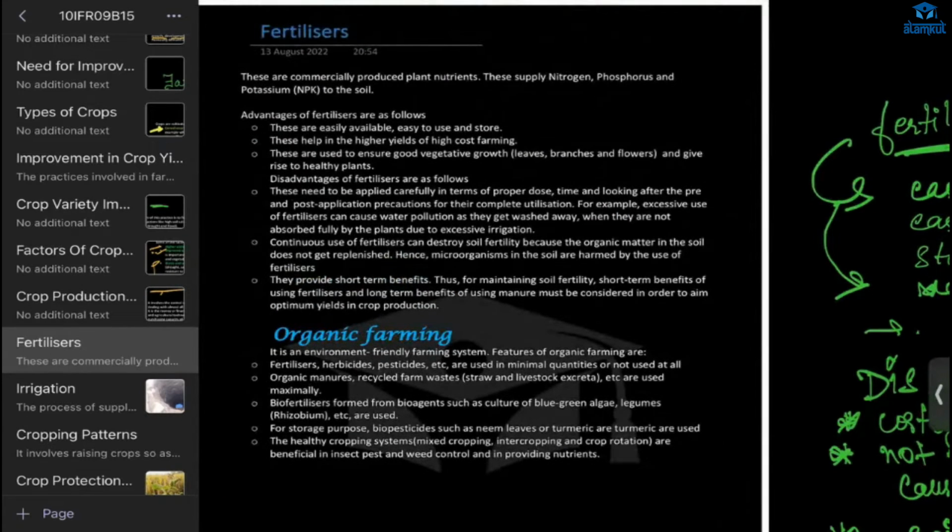The bad thing about the fertilizer is that it is not cost effective. But the good thing is that it takes little time. Manure takes a long period of time, but it doesn't spoil the soil. The fertilizer will improve the soil quickly, but the soil will get spoiled.